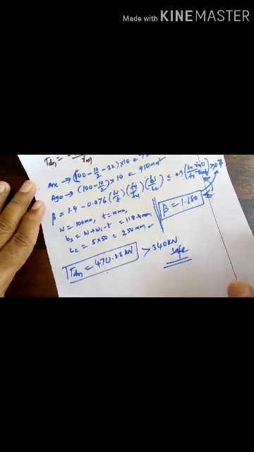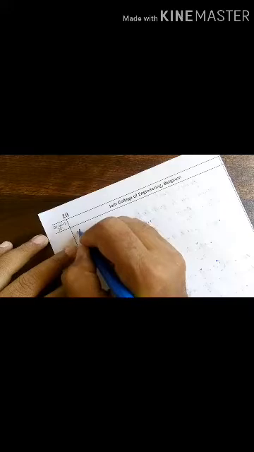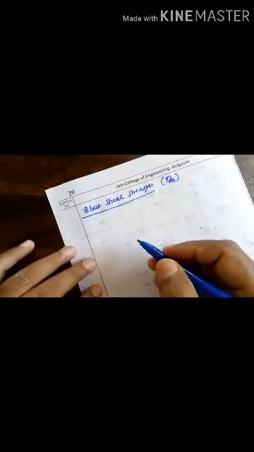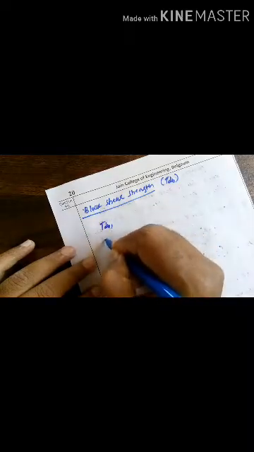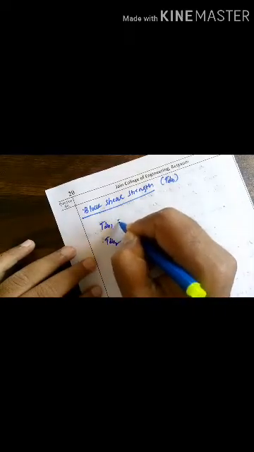Then next you calculate TDB, that is the third one, block shear strength. Again, we have two formulas. You refer to the code, so you'll be getting TDB1 and TDB2.